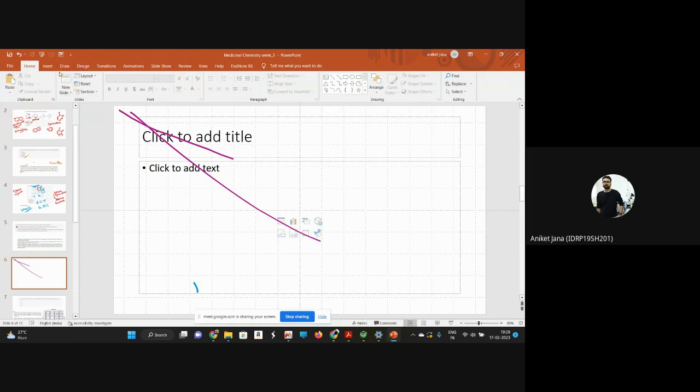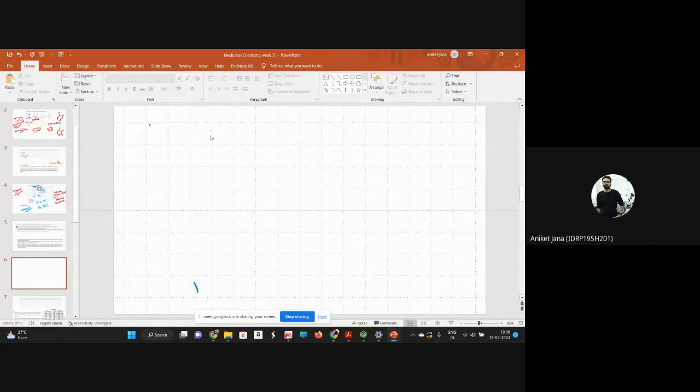Okay, okay, let me explain. Let me discuss this. Let's suppose this is an enzyme, right?